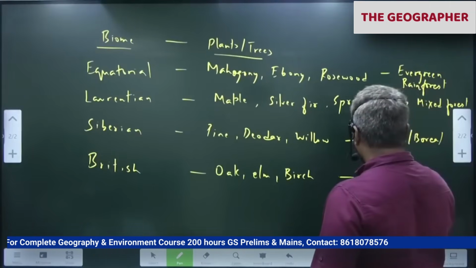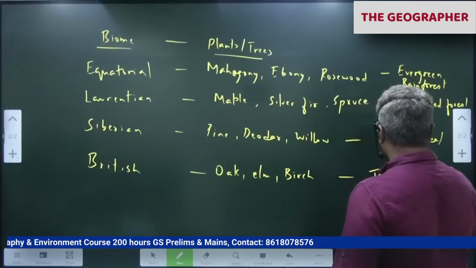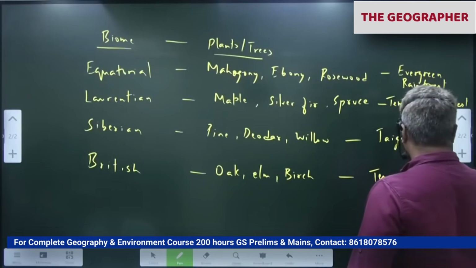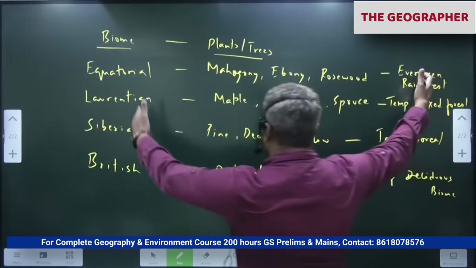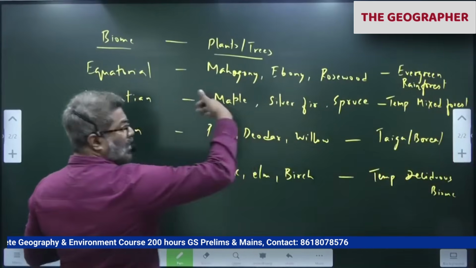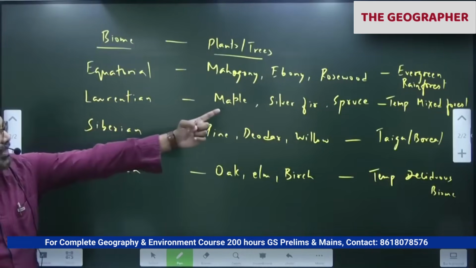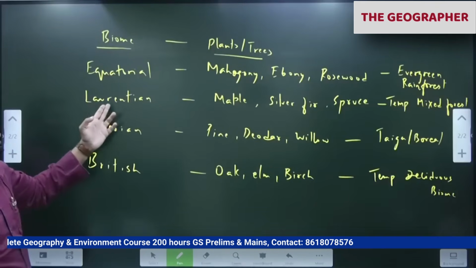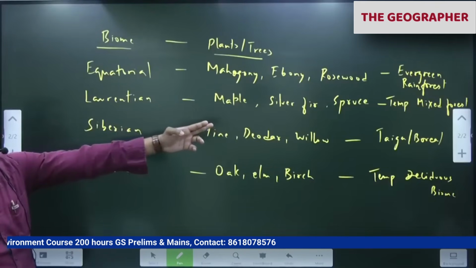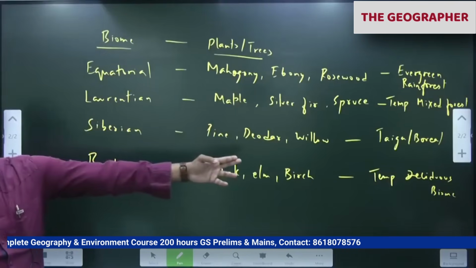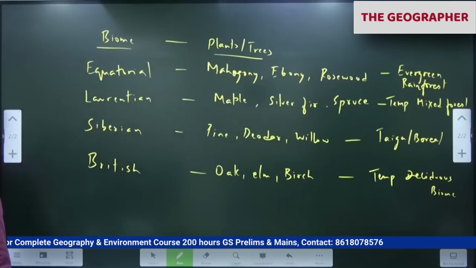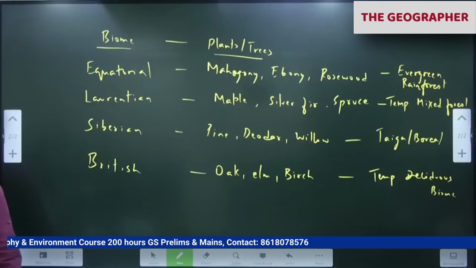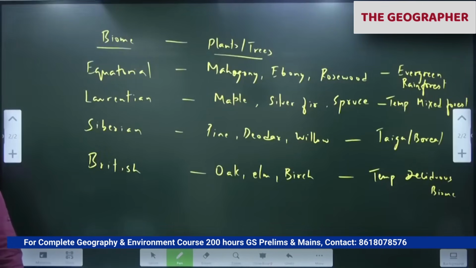British type is temperate deciduous biome. This alternative vegetation also they can give like this. Match the following: Equatorial is called evergreen rainforest, correct. Laurentian is called temperate mixed forest. Siberian is called taiga. British type is called temperate deciduous forest biome. That also is another way of asking the question.